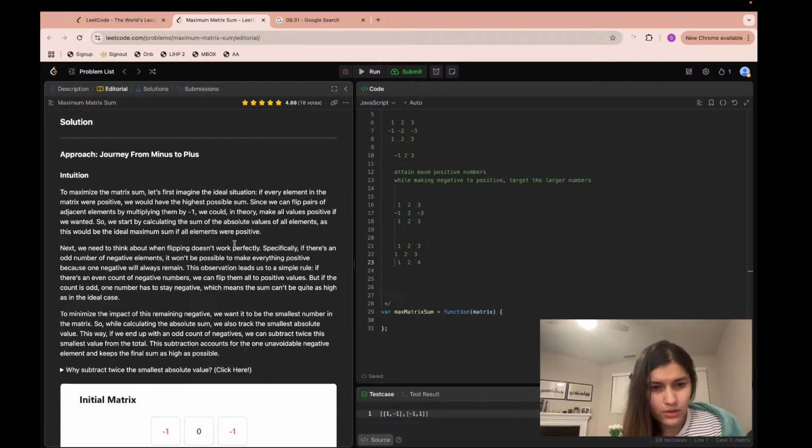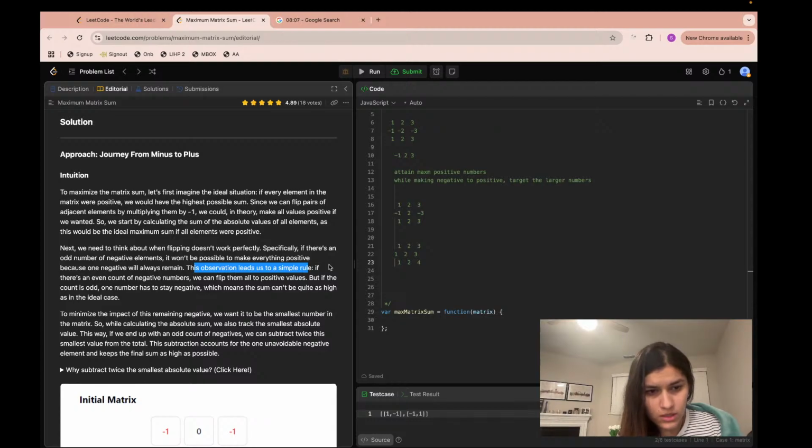Next, we need to think about when flipping does not work perfectly. Specifically, if there is an odd number of negative elements, it won't be possible to make everything positive because one negative will always remain. This observation leads us to a simple rule: if there is an even count of negative numbers, we can flip them all to positive values.